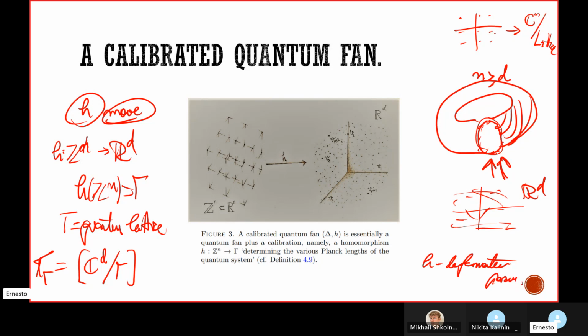Well, in Rd, I can put a fan. This is 3 dimensions, so in this picture it is not very well depicted, but I have n basis vectors, and one of them goes here, and one of them goes here, and one of them goes here.